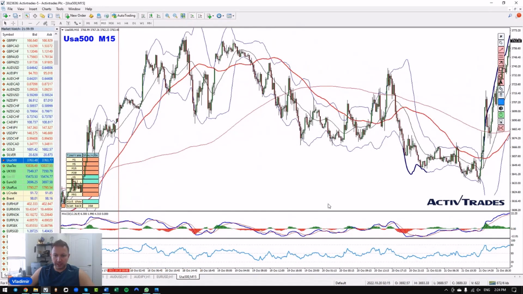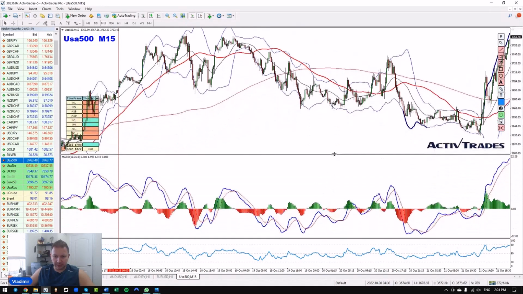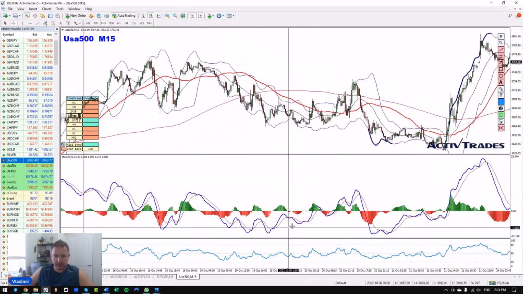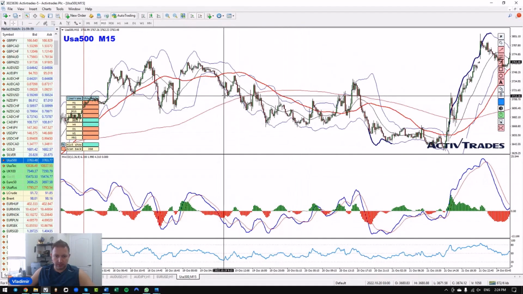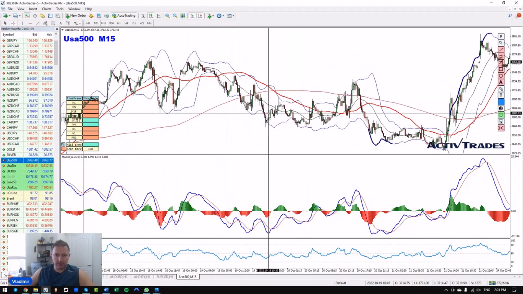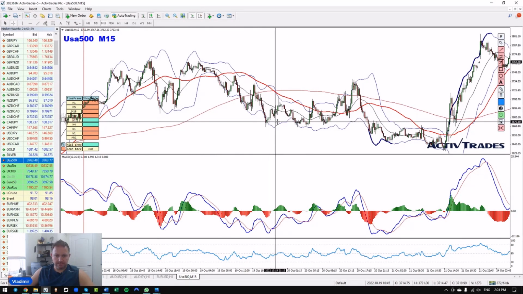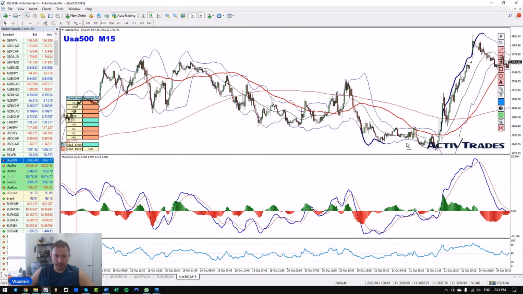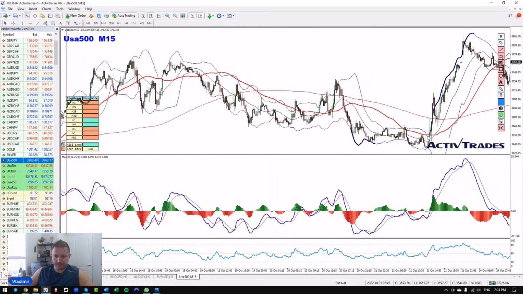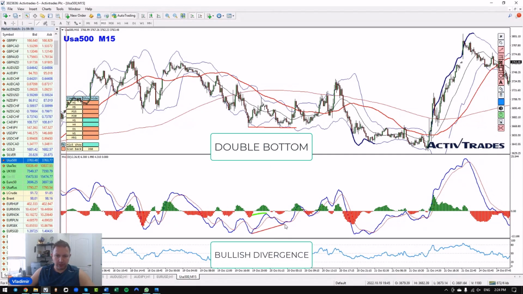The first place where we got that, let's increase that a little bit, as you can see, was nothing here, was only here. So this is the first place where we got this double bottom and bullish divergence.